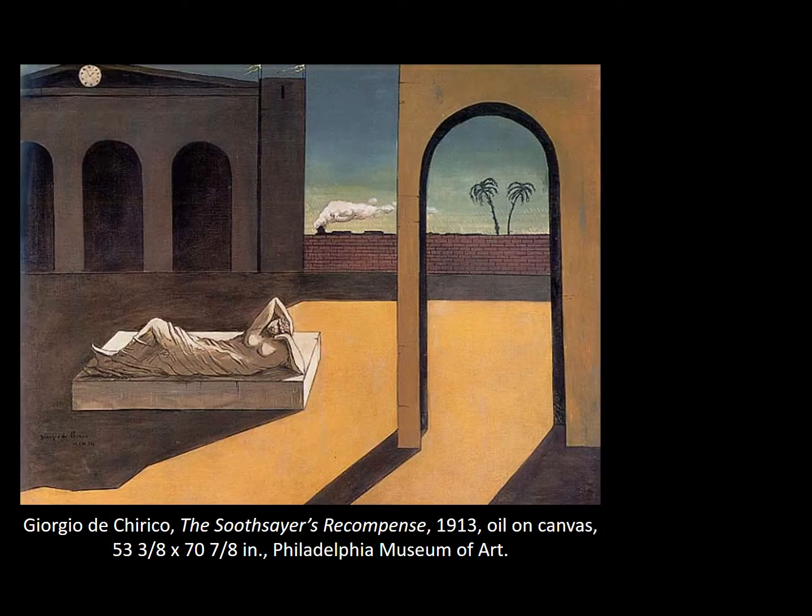And we can look at one more work from around this time called The Soothsayer's Recompense, which is interesting because it shows us some similar features and then some things that start to tweak the theme that we saw in The Melancholy and Mystery of the Street. There are similar features. So we see that same idea of these broad, uninhabited architectural spaces that should be busy parts of a city but are devoid of activity.